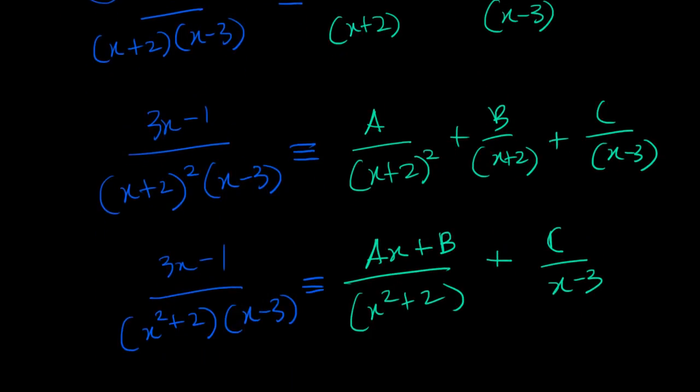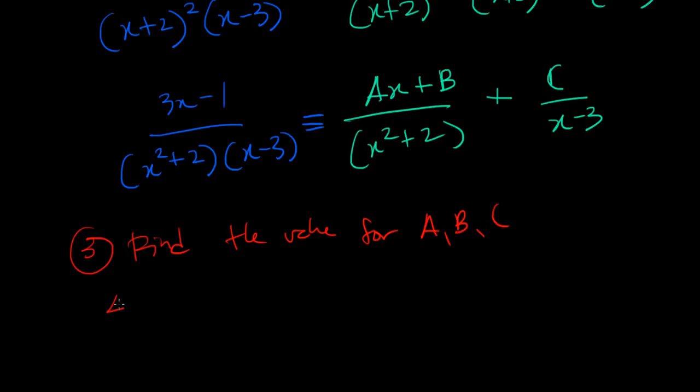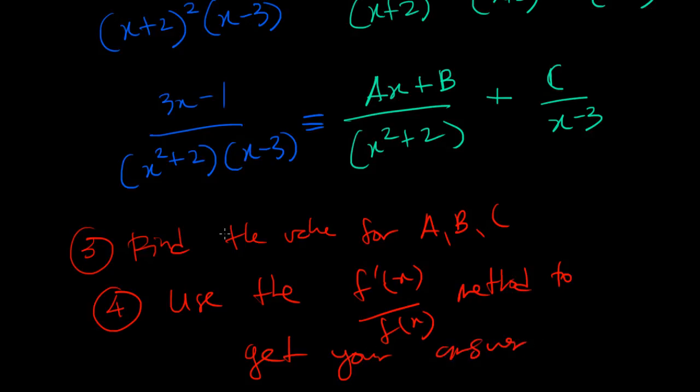After breaking into these parts, try to find the values for A, B and C. Use the f(x) over f(x) method to get your answer. Okay, that's all.